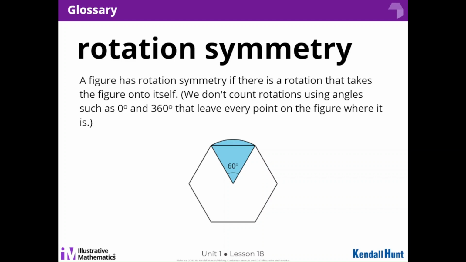Next, we have rotation symmetry. A figure has rotation symmetry if there is a rotation that takes the figure onto itself. But notice in parentheses there, they are telling you we don't count 0 degrees, 360 degrees, or any multiple of 360 degrees, because that results in the shape ending up right back on itself and every single point being in the exact same spot.